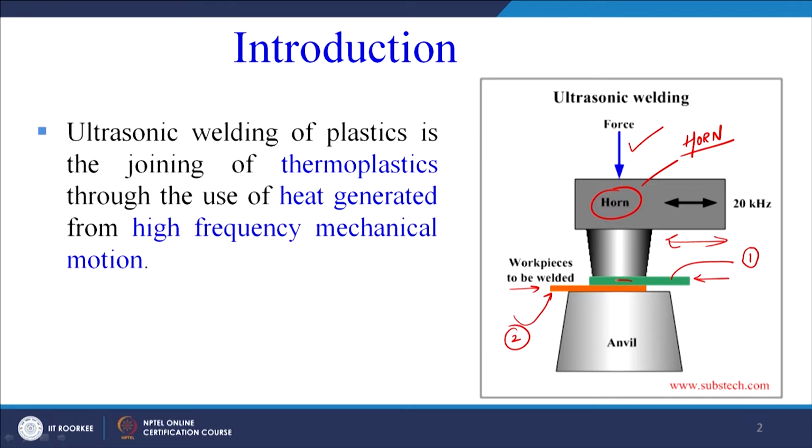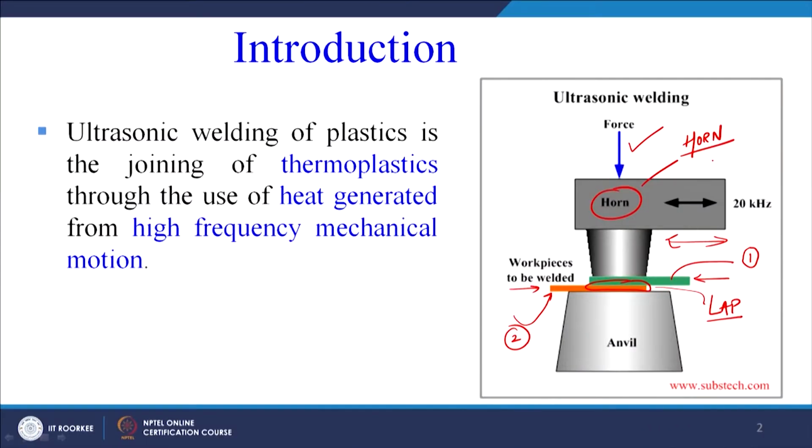And what is this joint configuration known as? All of you know, we have already seen, it is a lap joint configuration. So the two parts that have to be joined together have been placed like this, and on top there is a force that has been applied. So the two parts in lap configuration are in constant contact. Now ultrasonic vibrations are given in this direction, as clearly shown here.